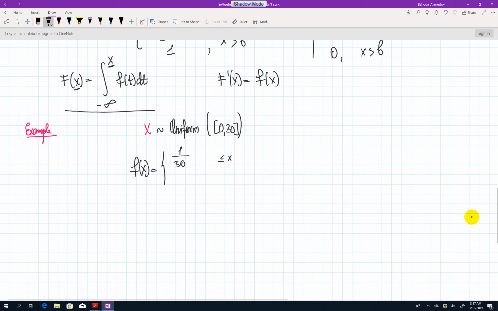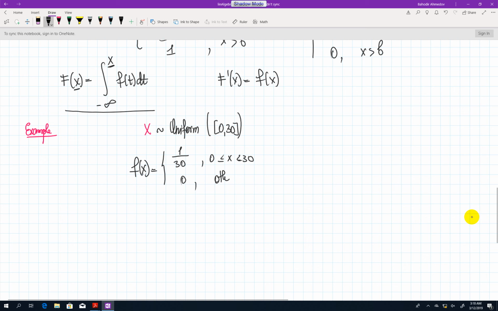For all the values of x between 0 and 30. So it is really important for every problem we're solving to understand what the random variable is, okay? In our case, the random variable x means the time when you arrive at the station, okay? It may change from 0 to 30, and it has the uniform distribution, okay? That is why its density function is like this. For all the other values, it is 0, okay?